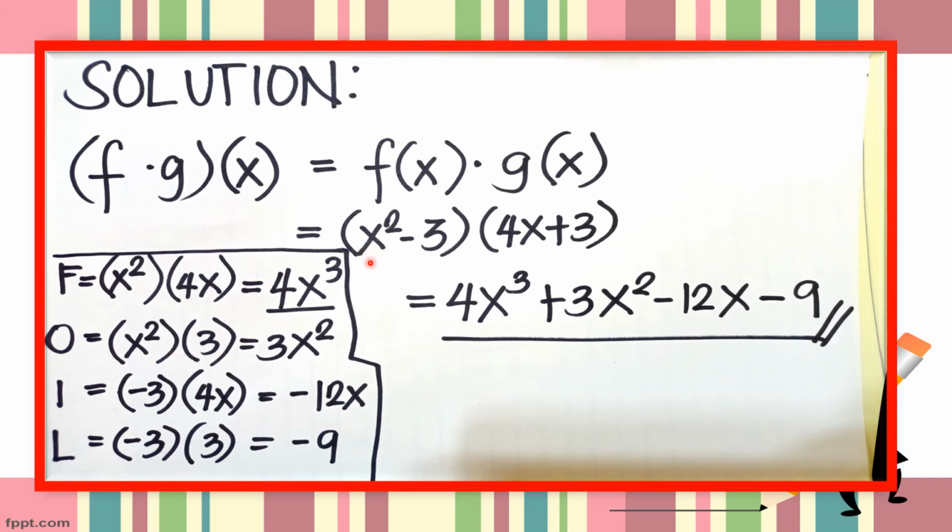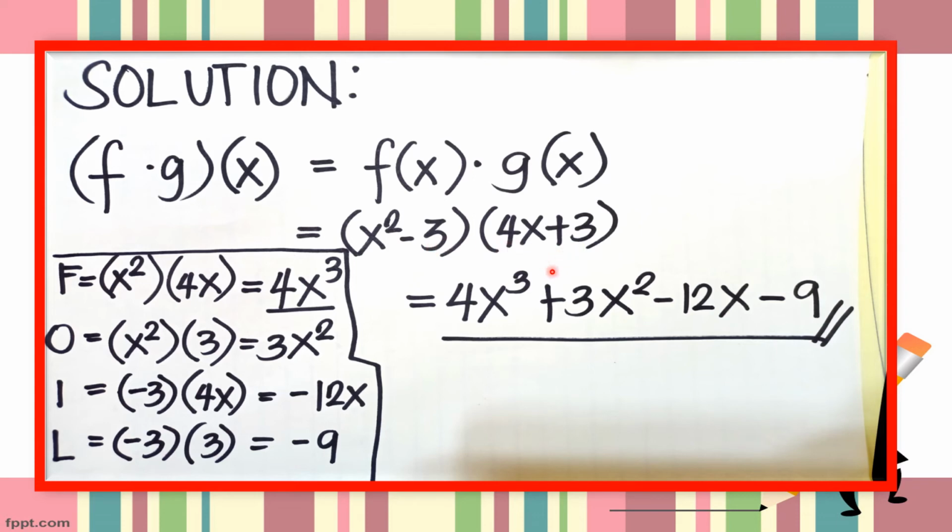So, pag sinabing outer term, yung pinaka-left at pinaka-right. And then, your inner term is negative 3x times 4x. Yan yung magkatabi sa loob, inner term. And your last term are the two numbers only, which is negative 3 and 3. Okay? Or yung nasa pangalawa sa first binomial at pangalawa din sa second binomial.